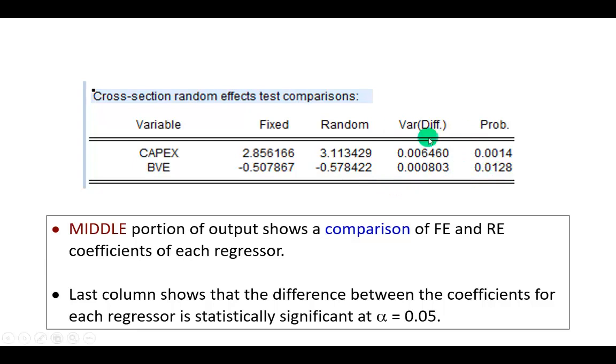At the 1% level, we reject the null hypothesis that the coefficients for capital expenditure are the same across the two models. And at the 5% level of significance, we reject the null hypothesis that the book value of equity coefficients are the same for the two models.